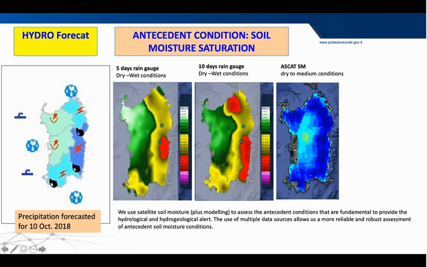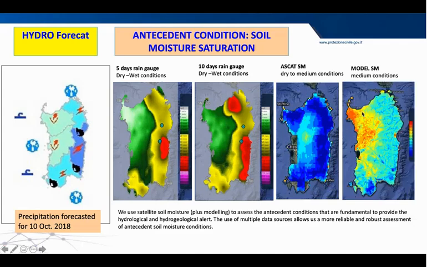Here we also use ASCAT data that can provide us information on the saturation of the soil. And this is a product inside H SAF. And we also use models that can assimilate the ASCAT product and give us information about the level of saturation over the land, so in the soil.